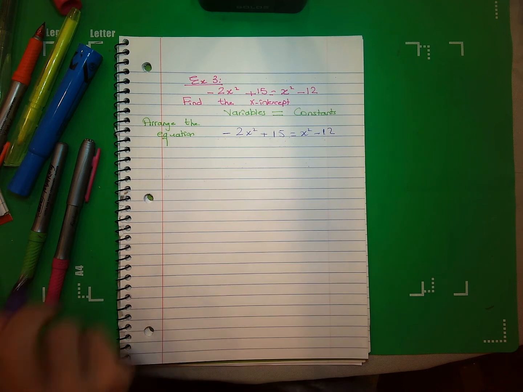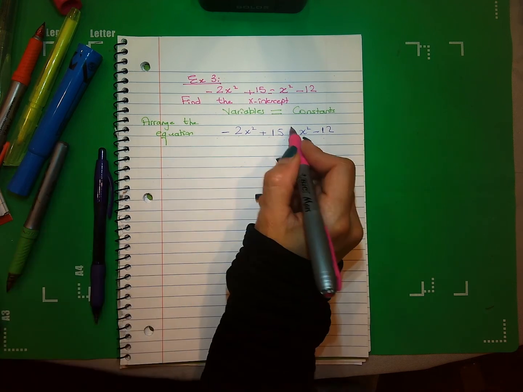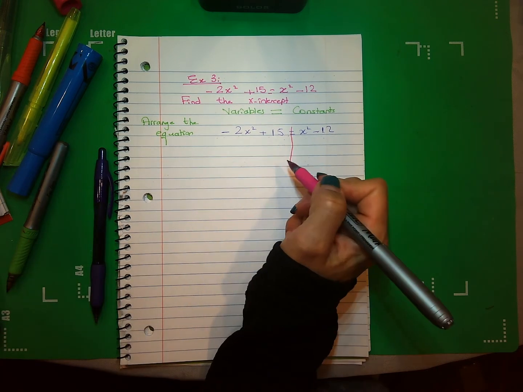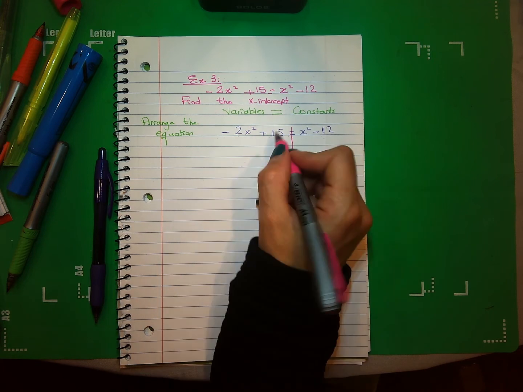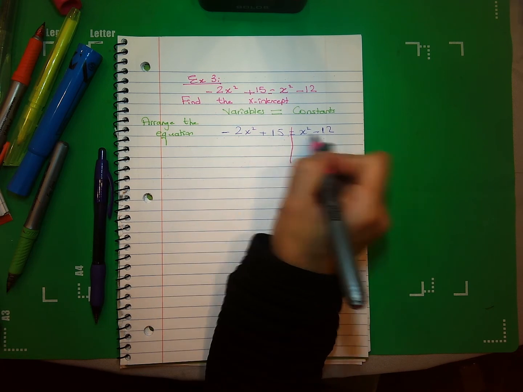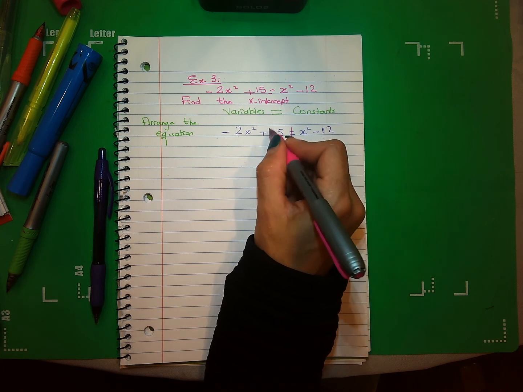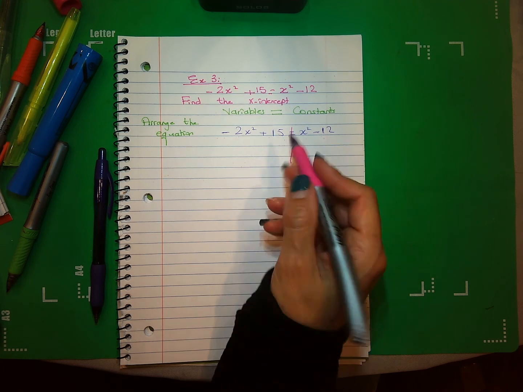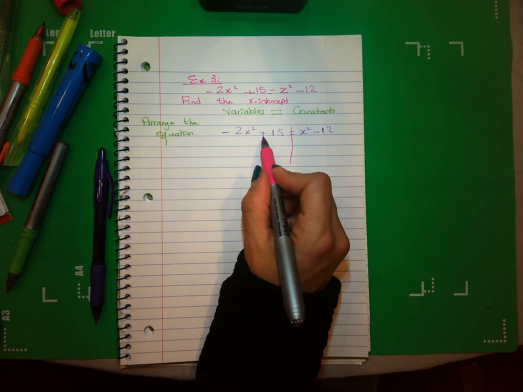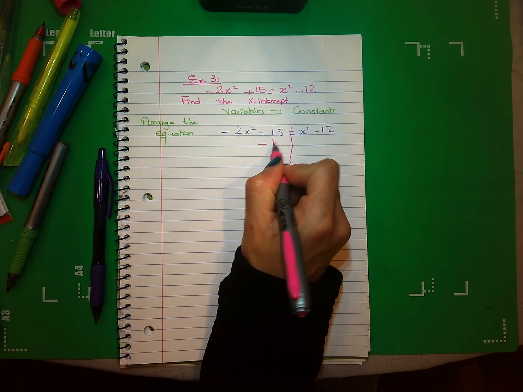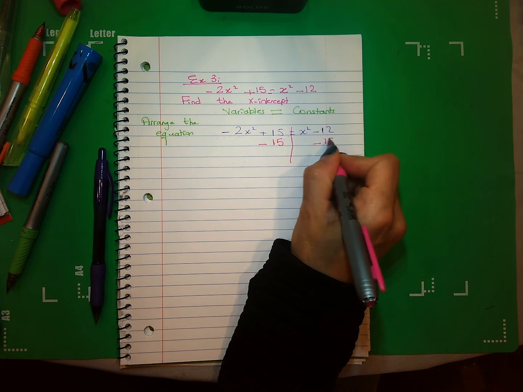So, does it matter which one you're gonna move first to the other side? It really doesn't matter. So look, here I have a constant, and that needs to be moved to that side. In order for me to get rid of the 15 on this side and move it to the other side, I have to do the opposite of it. This is plus 15. I will do minus 15 on both sides.